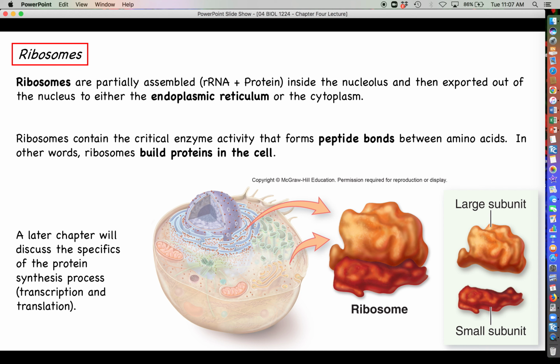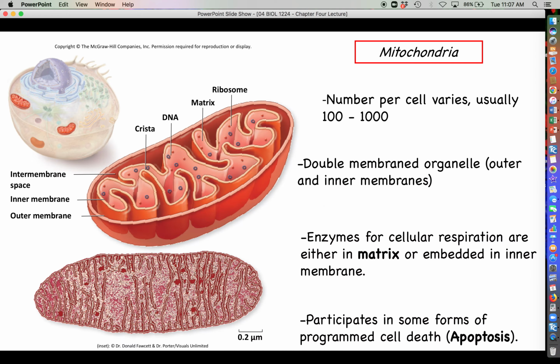There will be a specific chapter that covers that later on, but for now, I would like you to be aware of what the general process looks like. You start with the DNA, you make a messenger RNA copy of the instructions on the DNA. The ribosome reads the messenger RNA and puts the amino acids together. That is the gist of what you should understand for right now.